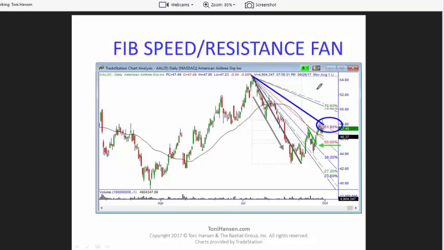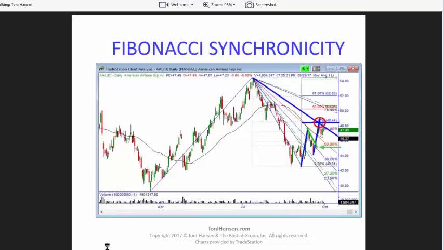So here we add the Fibonacci fan, and just as on the euro dollar, you go from the high to the low of the trend, and in this case, this was just a slightly lower low. It wasn't substantial, but it was a slightly lower low there. That's pretty common as well, as the momentum starts to shift. And this will give you those fan levels. And we add the fan levels because that gives us the zone where we can look at where the extension levels and the fan levels start to come together and offer up that synchronicity once again. So we have that overlap there with both of these Fibonacci levels.